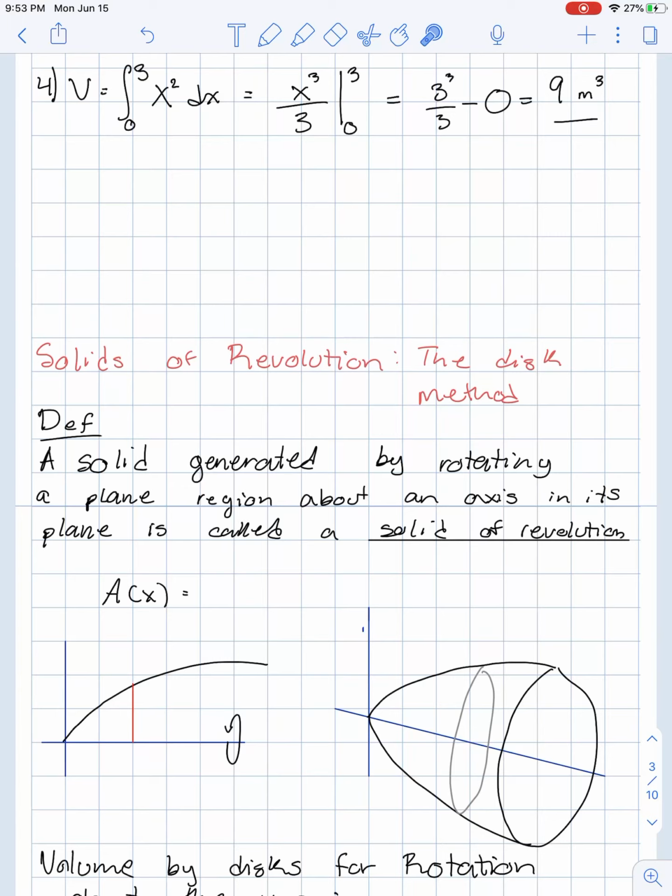So this plane region, I'm going to rotate it about an axis. It doesn't have to be the x-axis. We'll also get to what happens when I rotate around the y-axis. It's pretty similar. That's called a solid of revolution. So I'm going to take this cute little curve, I'm going to spin it around 360, and I'm going to get this really cool shape. This kind of looks like a bullet.